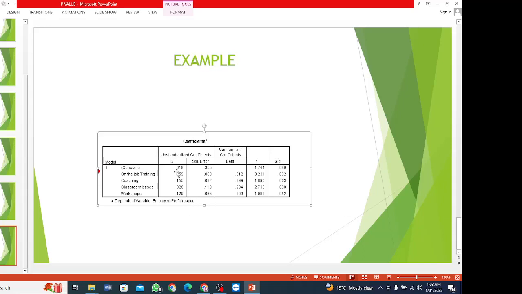So that is how you interpret your p-value alongside your regression coefficient when you are reporting your results as the output gives you.